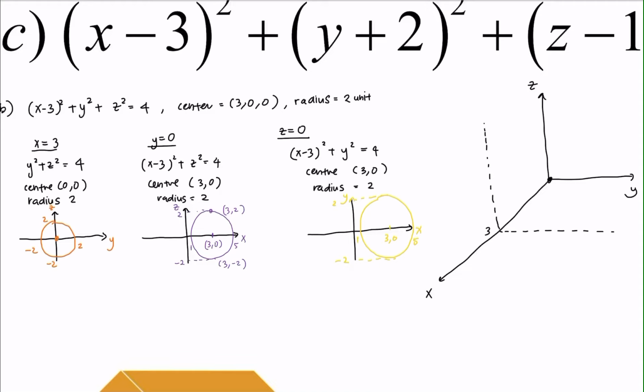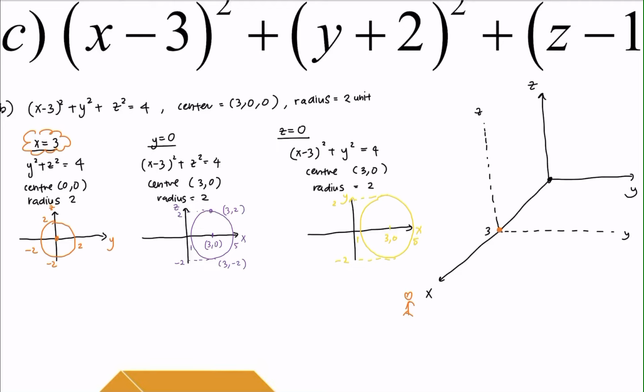You can imagine your y and z plane, and you are standing here. You can see at the plane x equal to 3 a circle, at the center (0, 0), with radius 2.